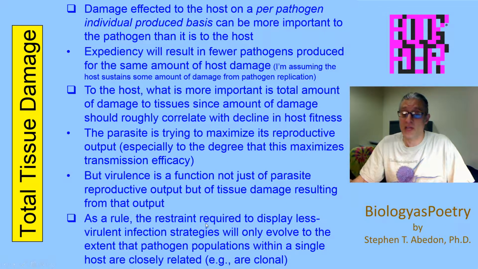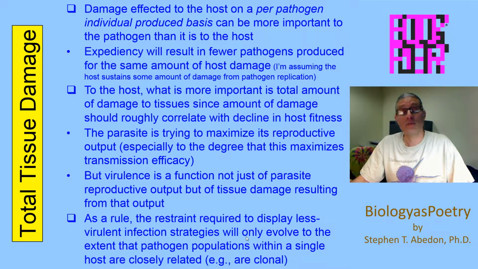So as a rule, the restraint required to display less virulent infection strategies may only evolve to the extent that pathogen populations within a single host are closely related. If there is an optimal level of virulence, competing pathogens may exceed that virulence by attempting to display greater within-host virulence.